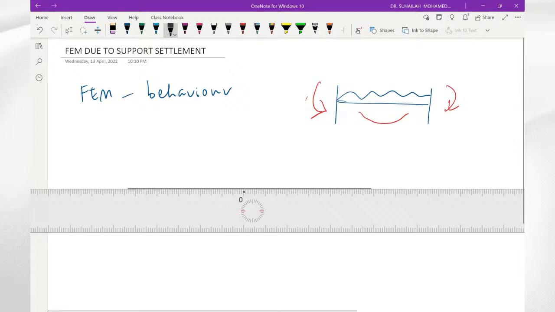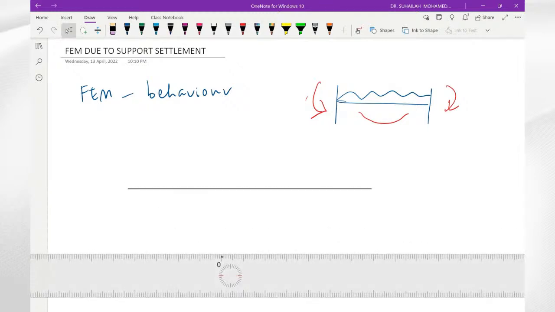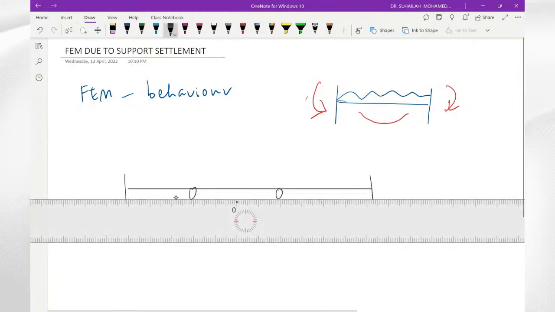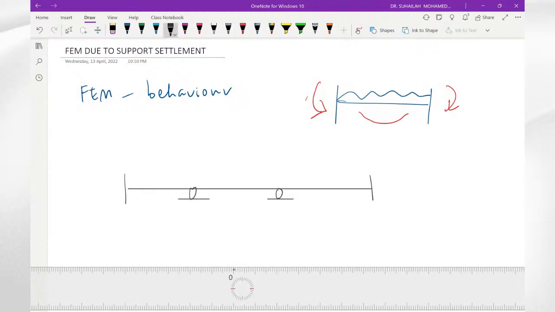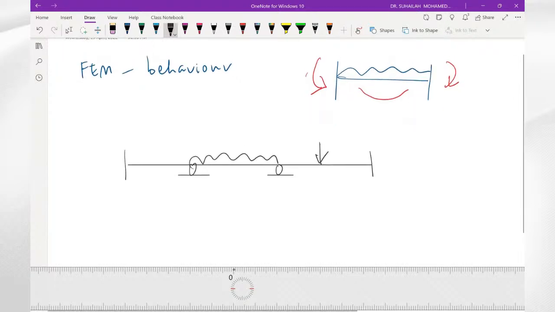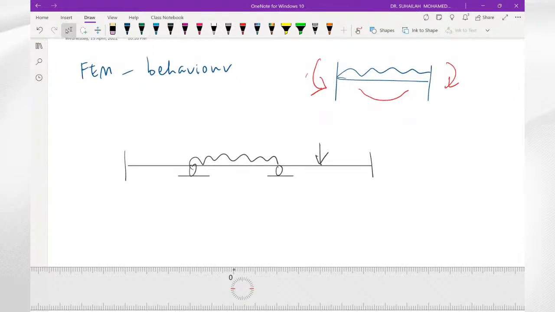Okay, so kita ada beam macam ni. We have fixed, let's say fixed, roller, fixed. Adalah loading kat sini for example, or loading kat sini for example, doesn't matter. Okay, so the most important thing is loading memang akan remain dekat situ.